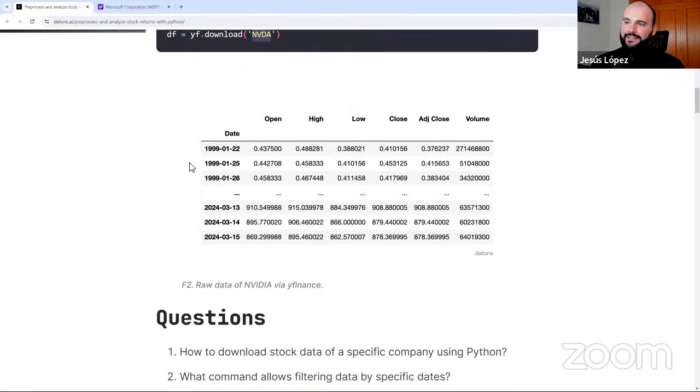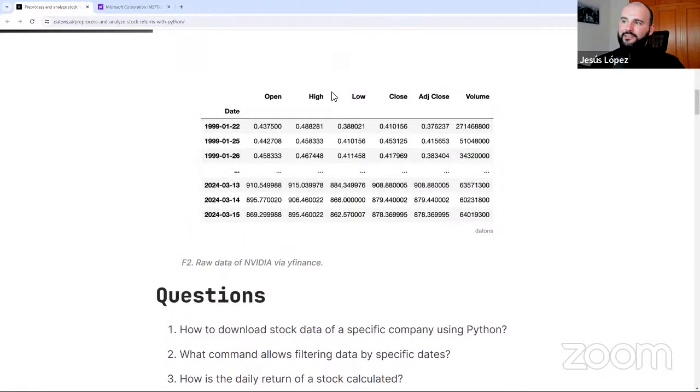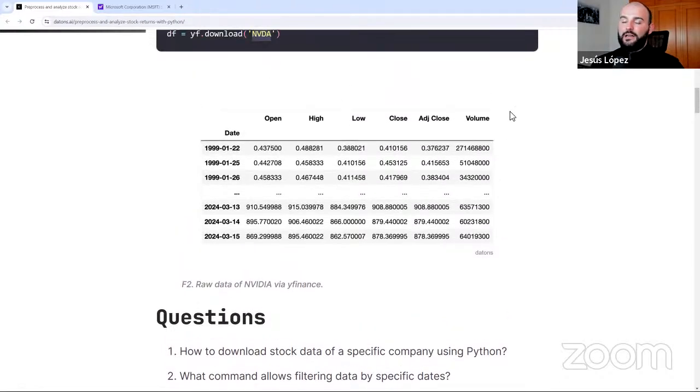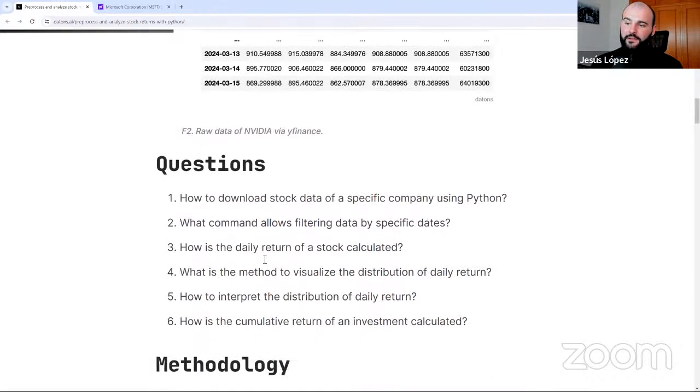Now we have the historical daily prices for the NVIDIA stock. Nevertheless, we don't have a column that accounts for the returns. That is the amount, in percentage, that we would have earned from one day to the next.